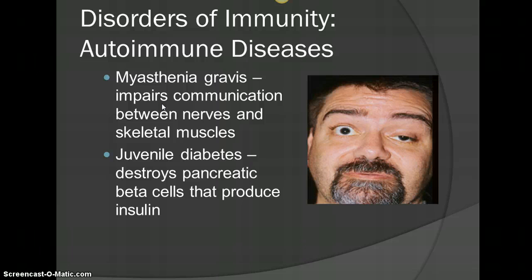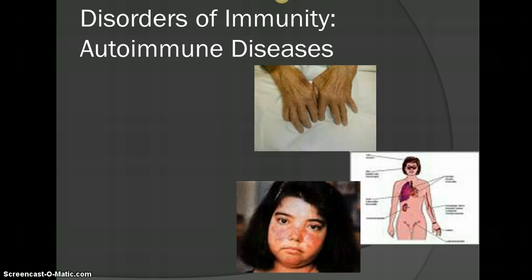It's again that neuromuscular junction, if you remember way back talking about muscular disorders. Another one is juvenile diabetes. We talked about this with endocrine, and it's actually destroying your pancreatic beta cells that produce insulin. So a lot of those, your own body's destroying those cells.